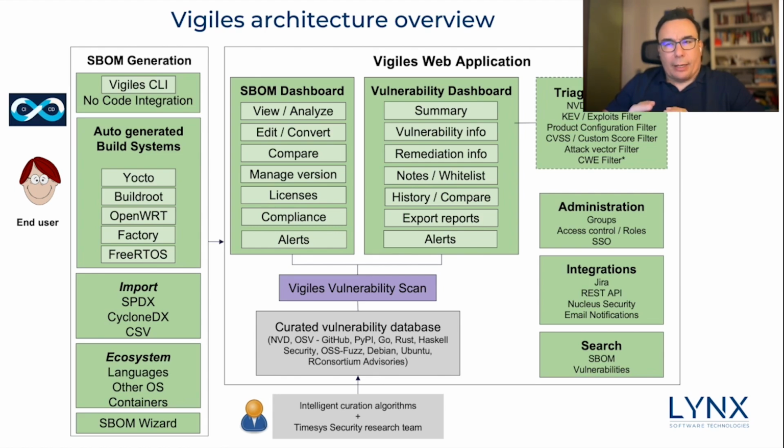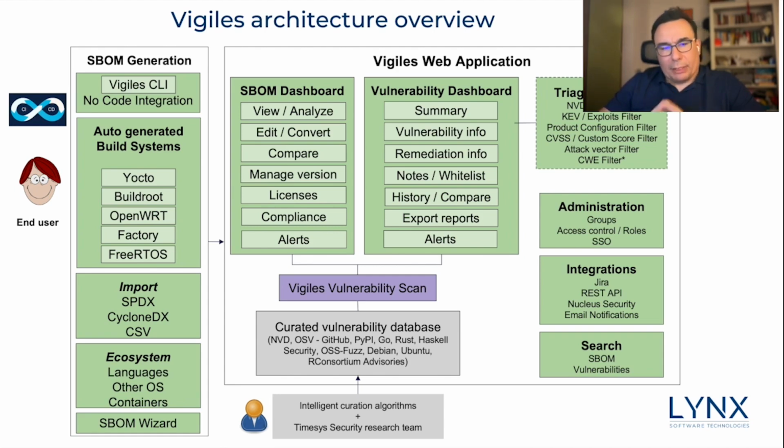Okay, so accuracy of the database and the ability to recognize false positives and not expose them to you means that you're not going to see vulnerabilities that are not applicable, and you can totally focus on vulnerabilities that are applicable, right? So you can look for patches, fixes, and maybe configuration changes.